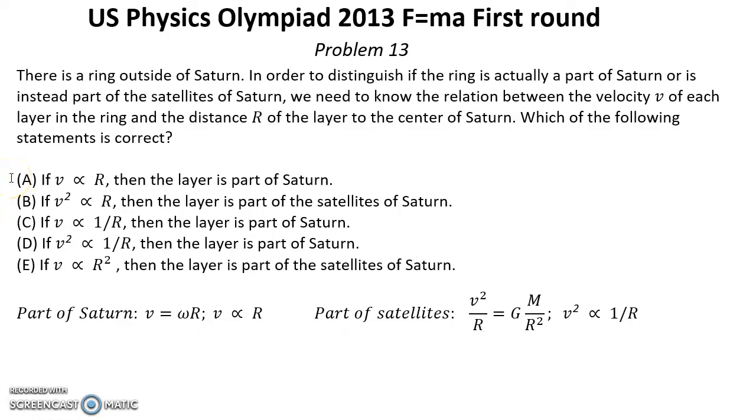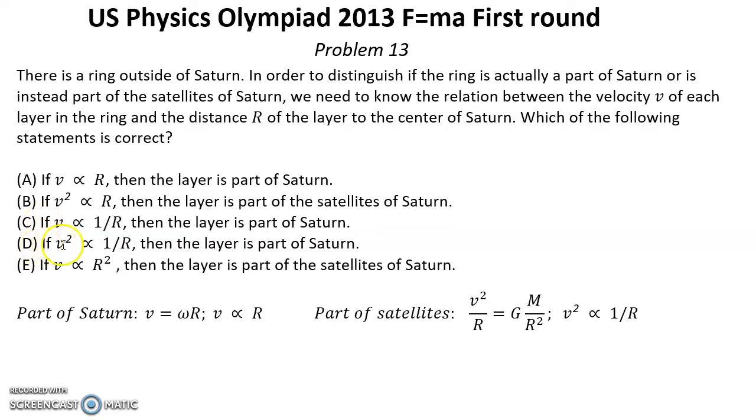Answer A. If v proportional to r, then the layer is part of Saturn. That's true, because v proportional to r. B. V square proportional to r. That's not true in any case. C. V inversely proportional to r. That's not true in any case.